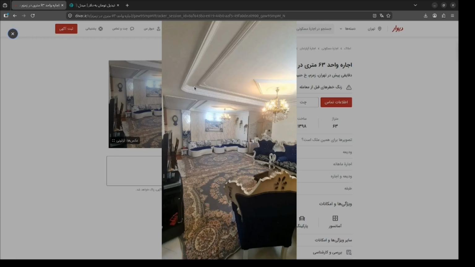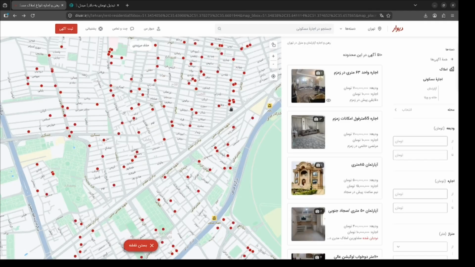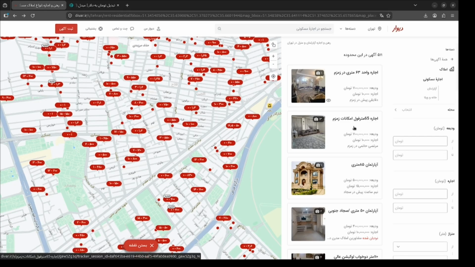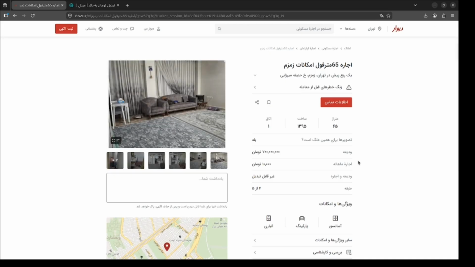Okay, let's check another house in this area, the second house here. Okay, it has a lot of images. That's perfect. All right, it's 65 meters, one bedroom, and again the same condition as the previous house.